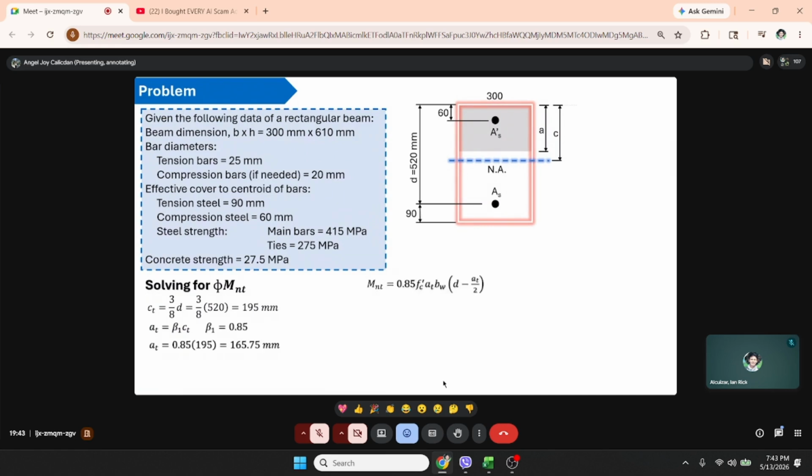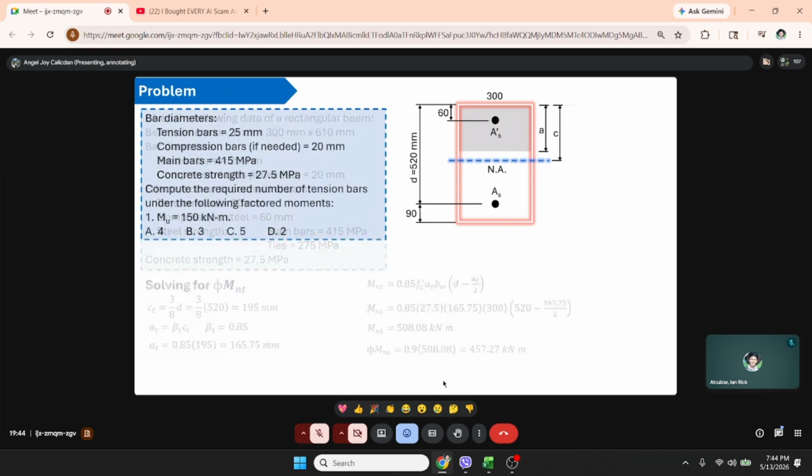So, MnT is 0.85 times Fc prime na 27.5 times 165.75 times 300 times 520 minus 165.75 over 2. Multiplied phi to get the phi MnT. We have 457.27 kilonewton meter. So, mao ni atong basis kung singly siya or doubly.